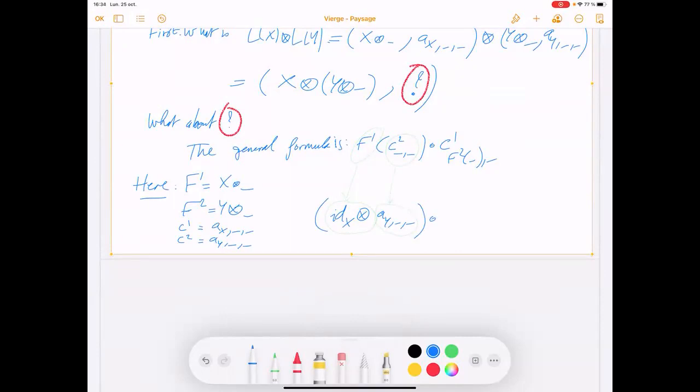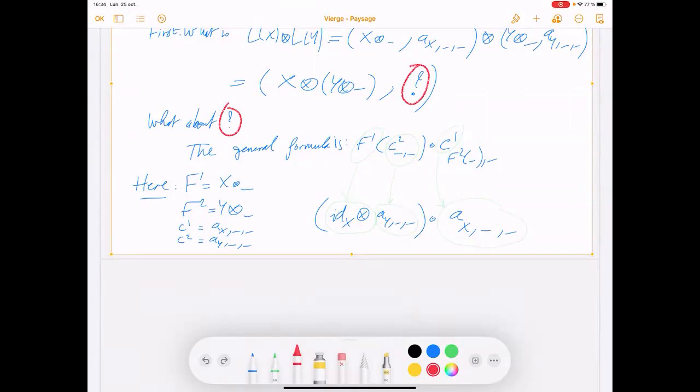so the C1 will be A_X something, but because you apply the functor F2 to the first something here, you have to change this one.